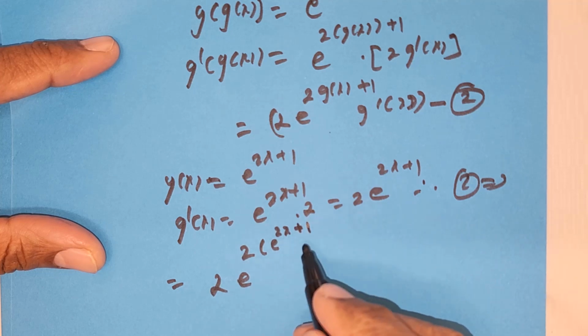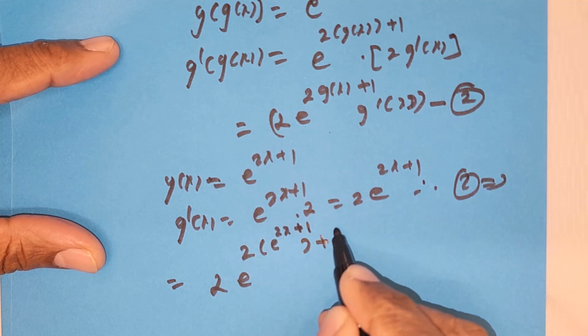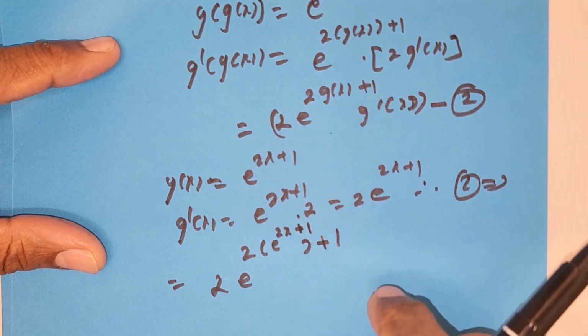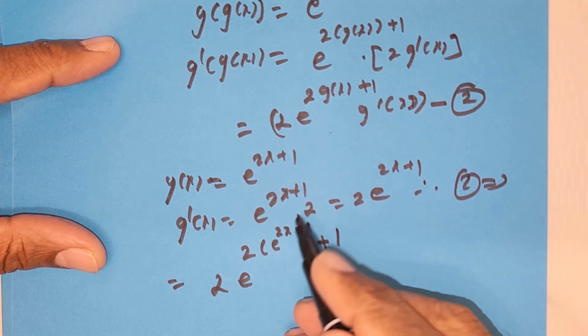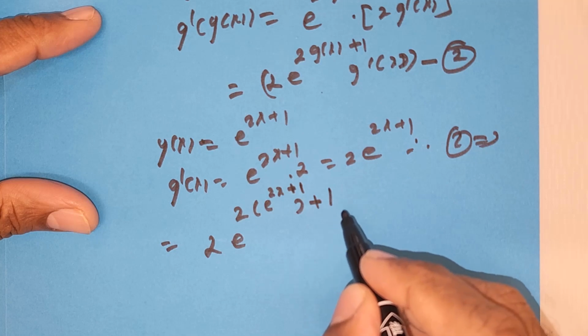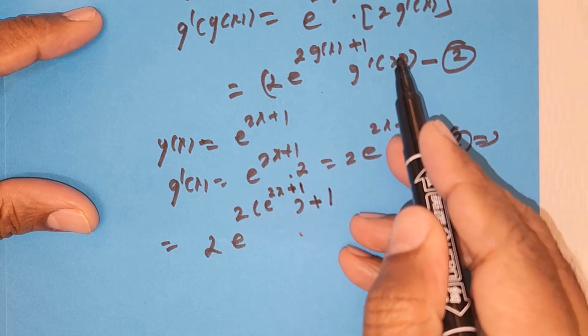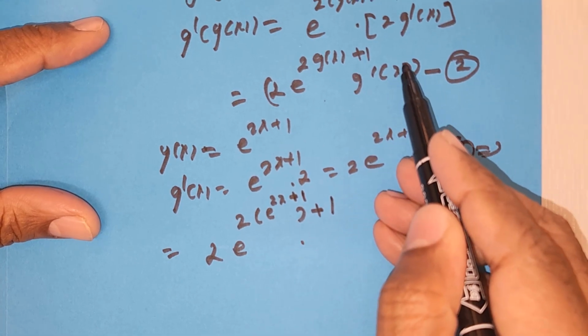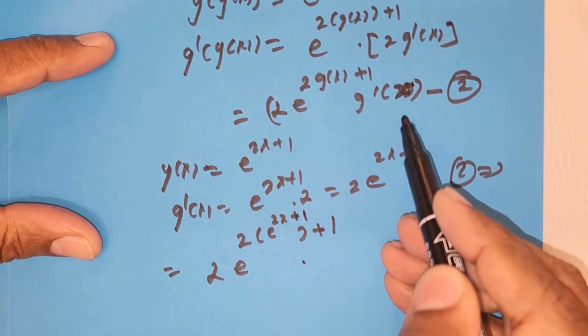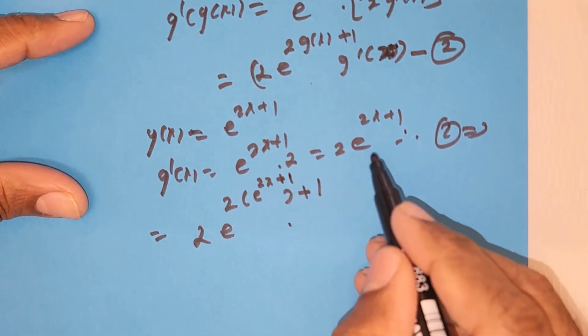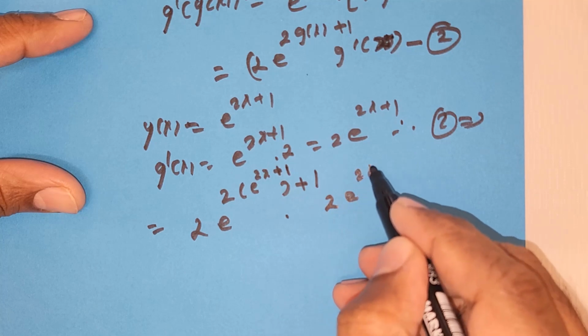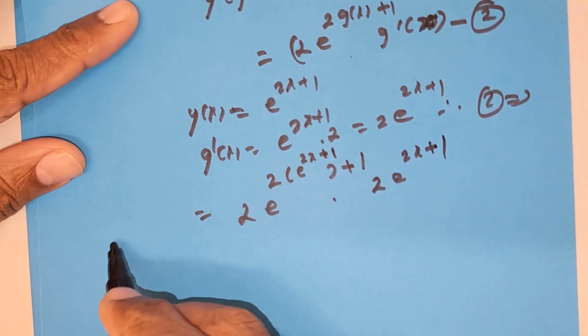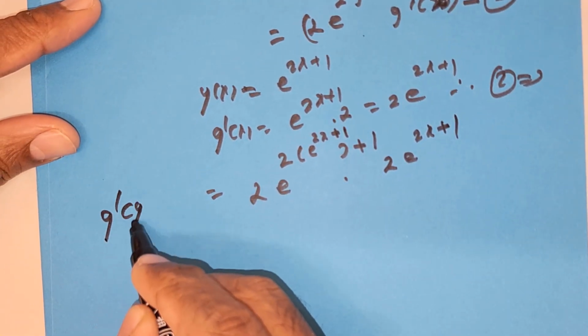So this is my g of x followed by a positive 1 there. Okay, multiplied with g dash of x. So g dash of x is what? This is going to be 2 times e raised to the power of 2x positive 1. Yes, it is going to be g dash of g of x.